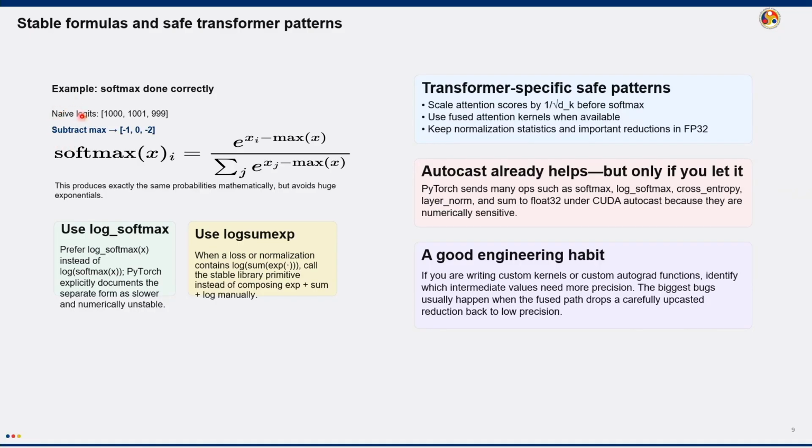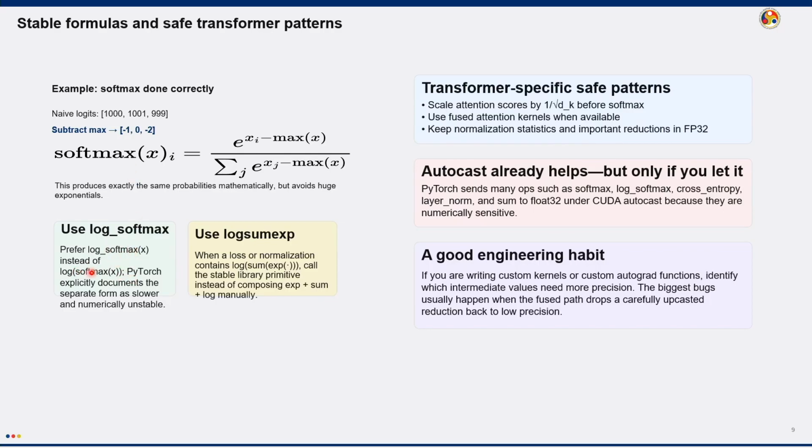Here you are seeing softmax done directly, and then the stable version where we compute e to the power x_i minus max x. This gives stability, because now you have -1, 0, -2 instead of these blown up values, which would destabilize the softmax computation.